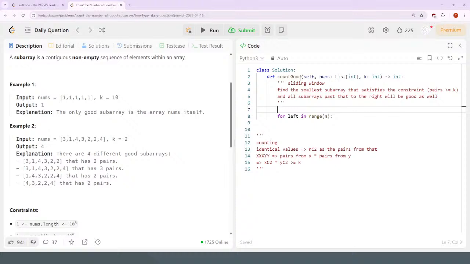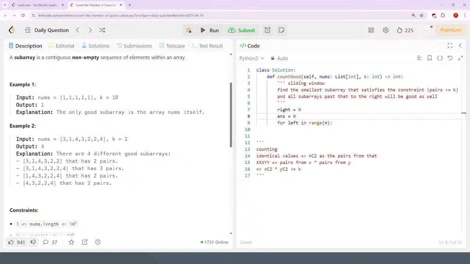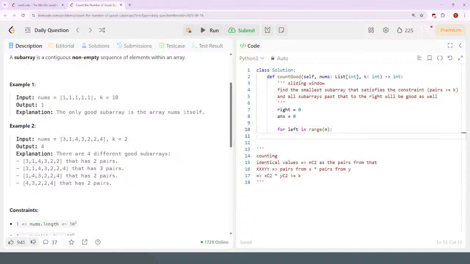I think it makes more sense in my head for the right side to not be fixed. But there's a possibility that you can write it either way. So the answer is that as we track the window, we need to know the counts of stuff.